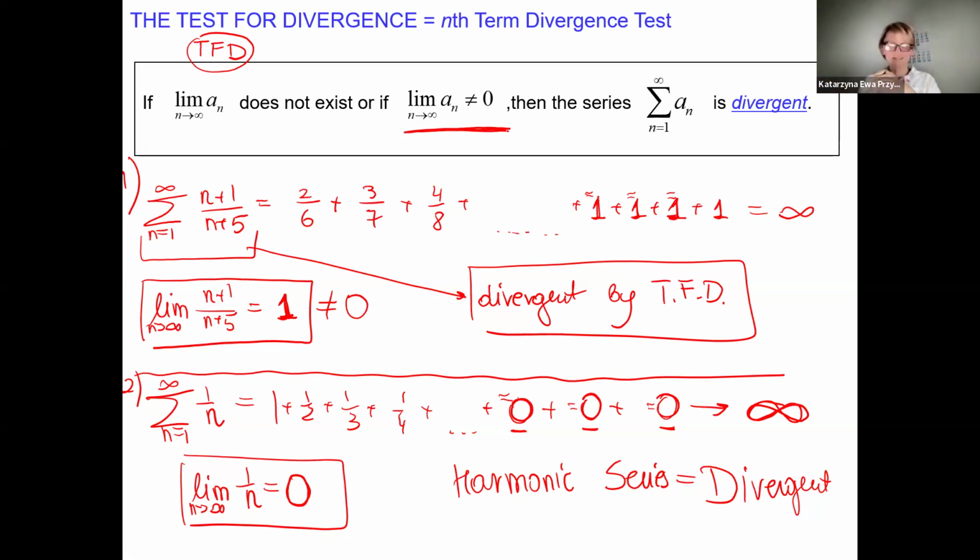It doesn't make sense. Okay, please remember, if the limit is different than 0, then we can stop, we're done: divergent by the test for divergence. But if the limit is 0, we know nothing. This test doesn't work, and we look for different tests. We will learn lots of them.